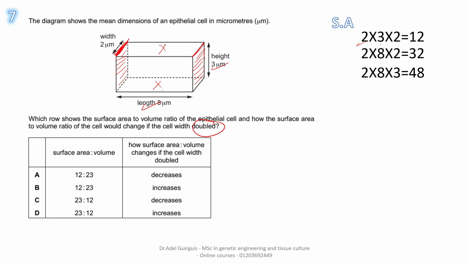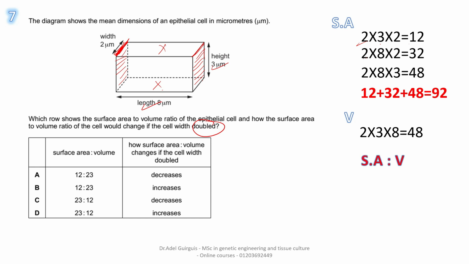So the total surface area for all 6 faces equals 92. What about the volume? The volume is easier: 3 dimensions, 2 times 3 times 8 equals 48.